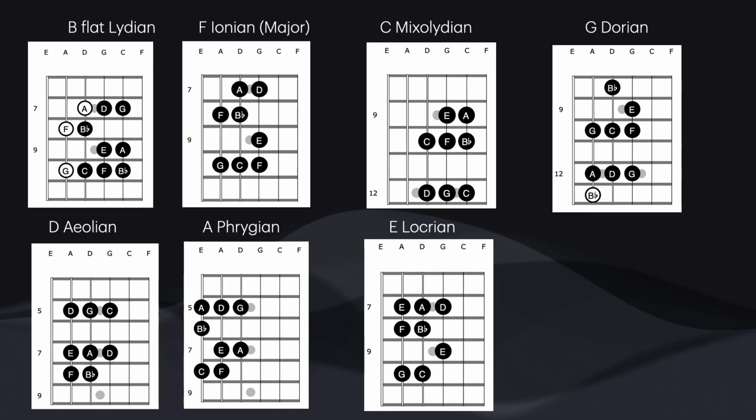So again, we kind of start with the B flat Lydian, like a start before the major. The main difference, if you look at the shapes, is to think about the black notes on the fingerboard. So here's the F, and here's the B flat Lydian. And here's the B flat major.